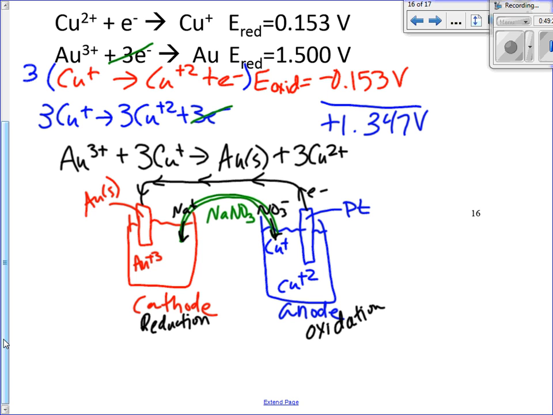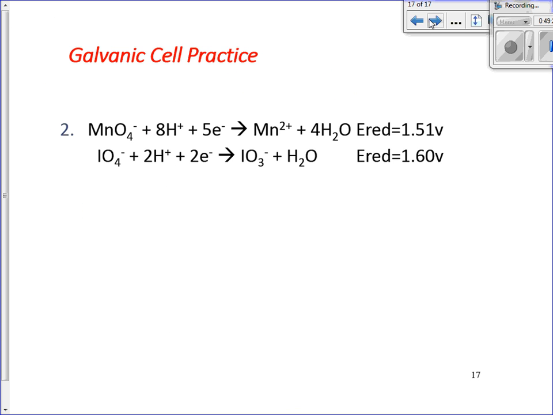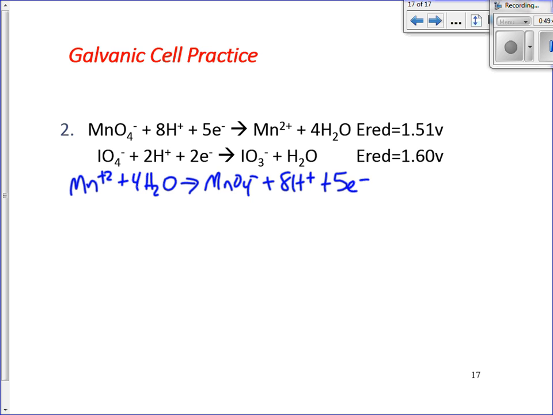The next one, we need to calculate the E cell. So we know which one's oxidation, which one's reduction. So, which one should we flip here? The permanganate. The permanganate needs to flip. Good. Everything else.